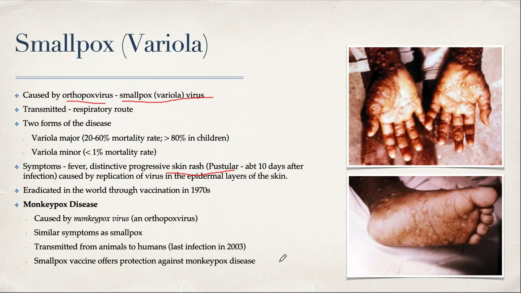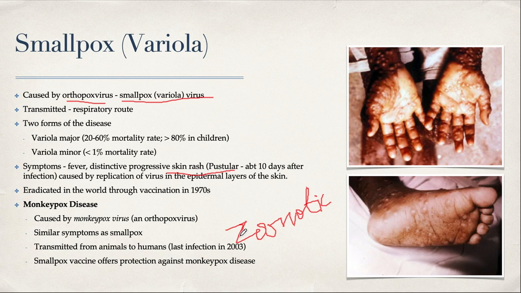More recently, however, we've seen an increase in cases of monkeypox. The last outbreak was in 2003, and it's also caused by an orthopox virus, specifically the monkeypox virus. The symptoms are very similar to those of smallpox, but it remains mainly a zoonotic infection, in that it's maintained in the wild, in animal populations.